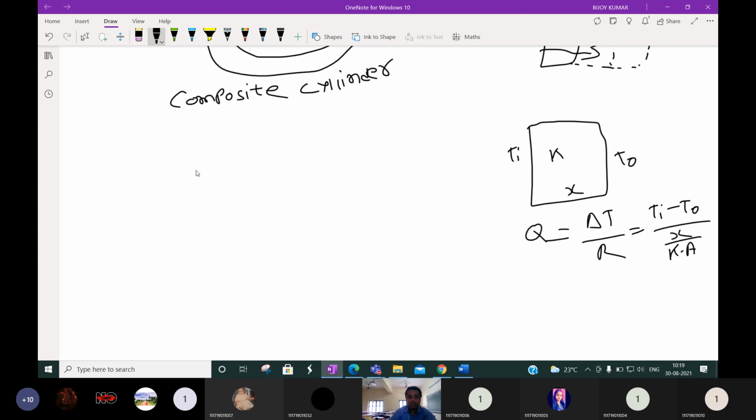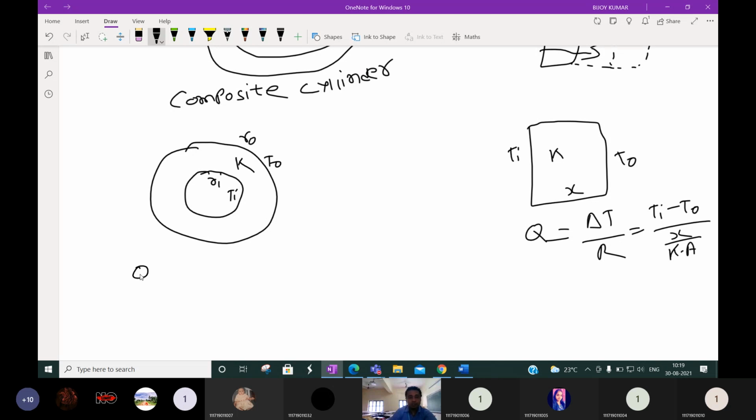Similarly, for a single cylinder, this is Ri, temperature is Ti, this is Ro, temperature is To, and this is K. Then Q value is nothing but delta T by R, or Ti minus To by R. R is X by K into A, where X is Ro minus Ri.